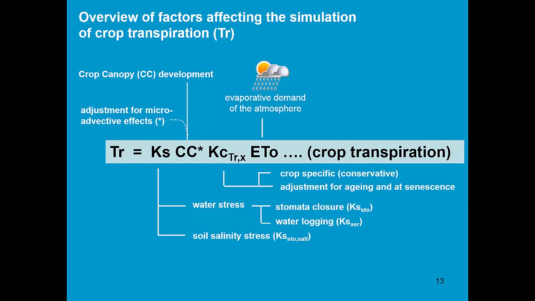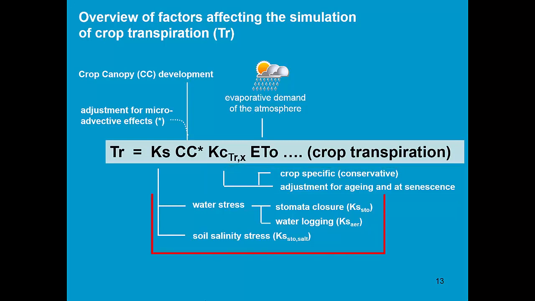Transpiration is proportional to Cc. The proportional factor is crop specific. It is conservative, and during the simulation it is adjusted for aging, and at senescence it collapses.